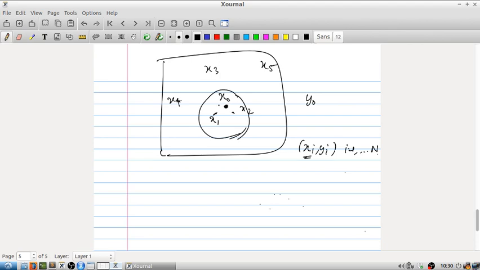In fact, what are the k nearest points to me, which in this example happen to be x1 and x2. I know the values of y1 and y2, but they were for x1 and x2, not x0. But I'm going to average those two. So that's the k nearest neighbor rule, the second level of relaxation or approximation.